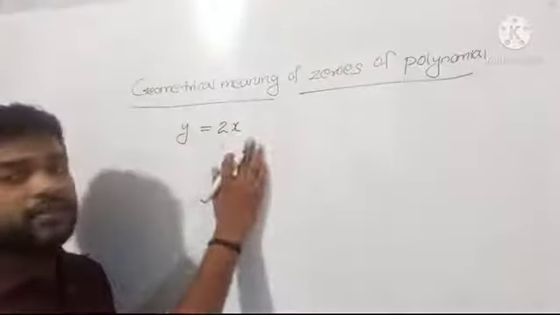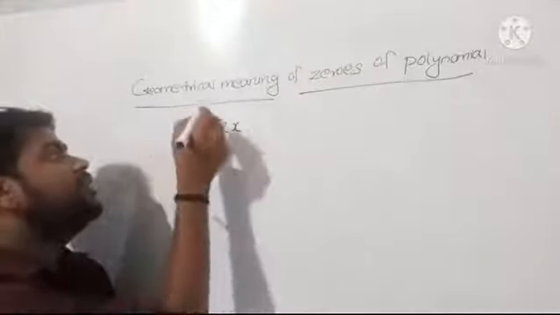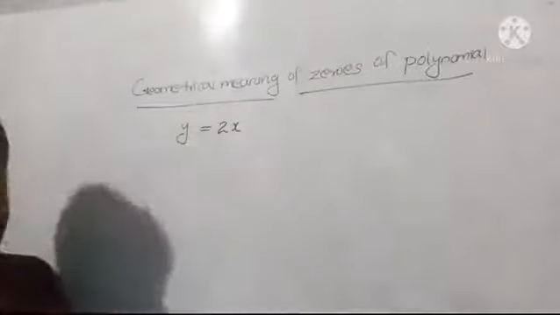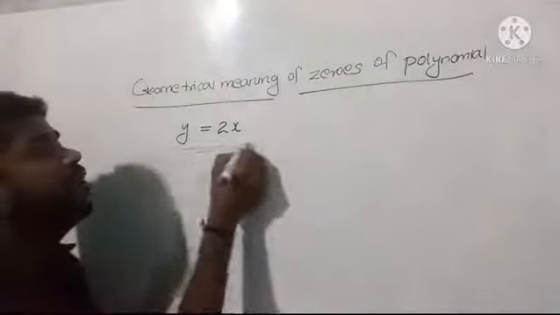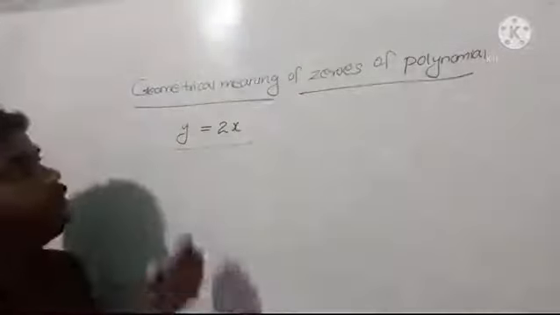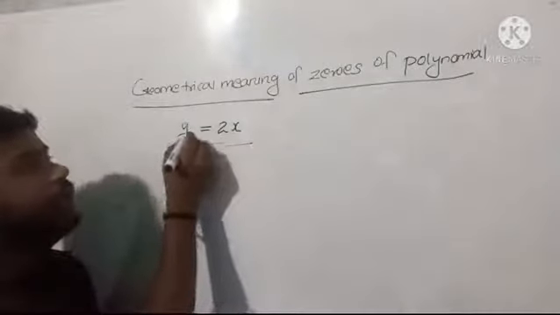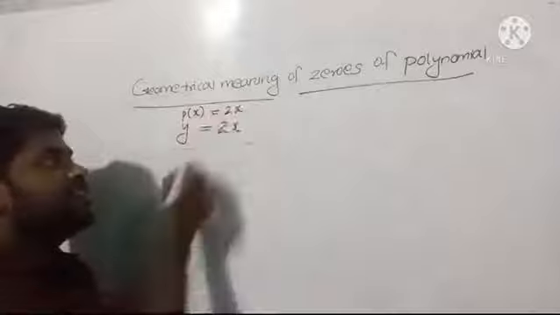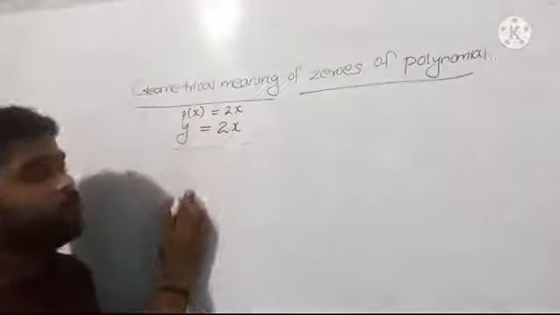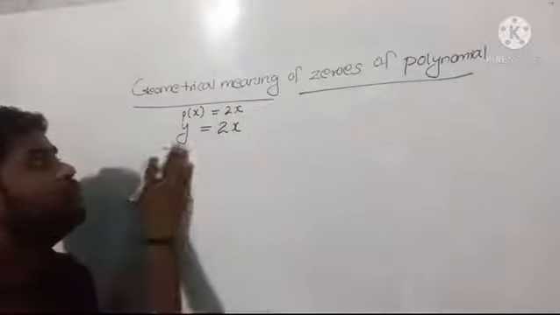This y we call, suppose, the polynomial p of x. That is, p of x is equal to 2x, that is y equal to 2x. It is a linear polynomial.